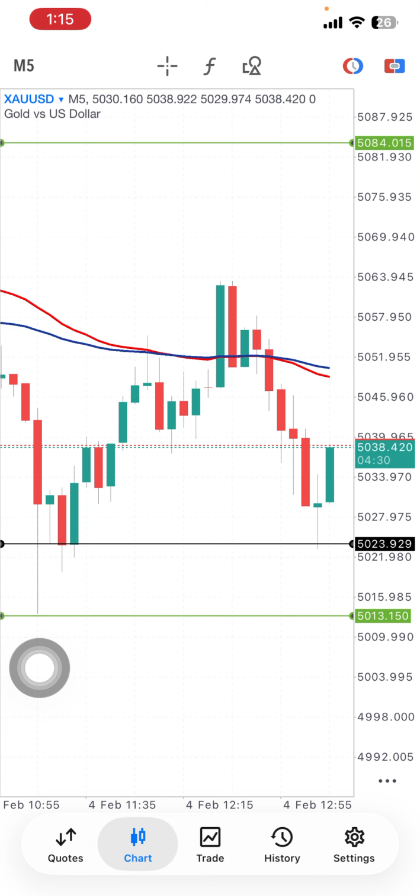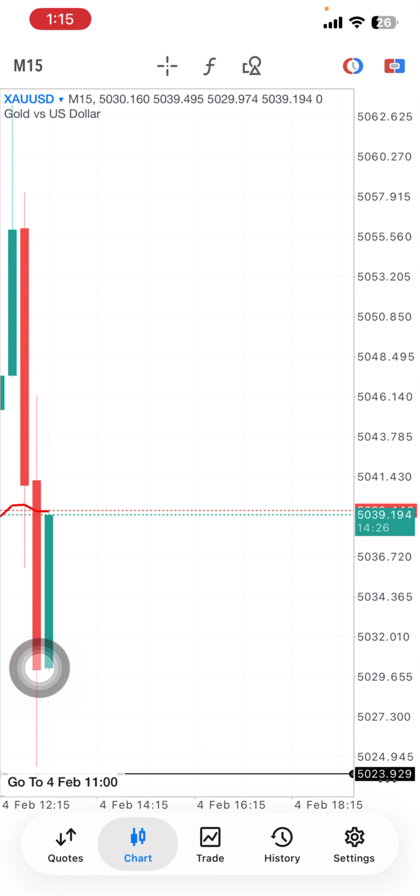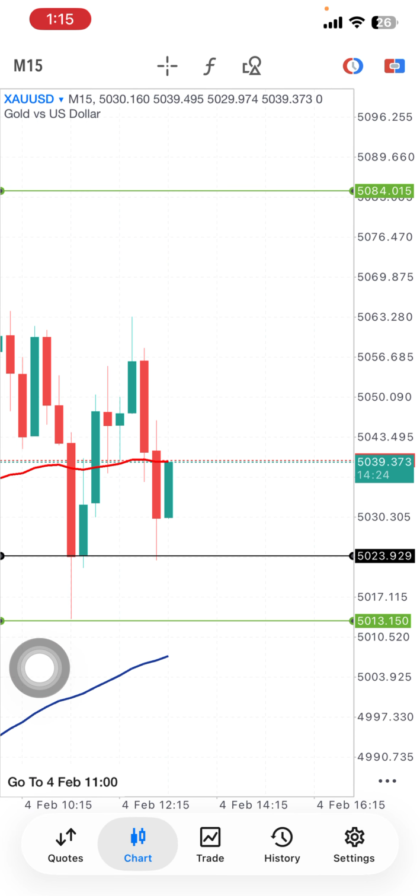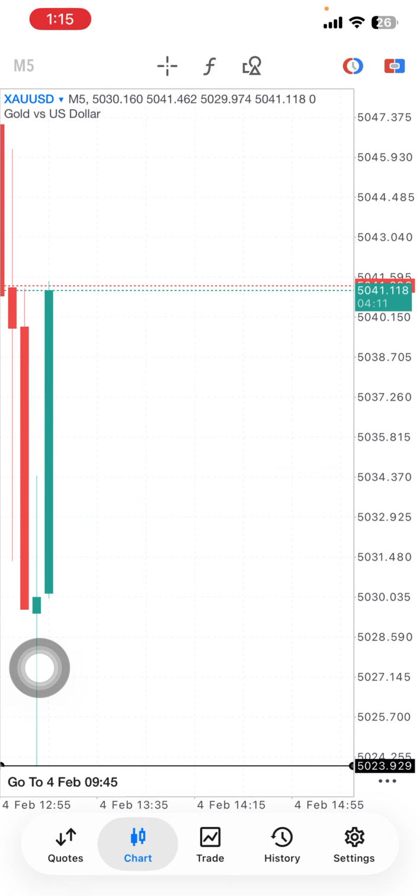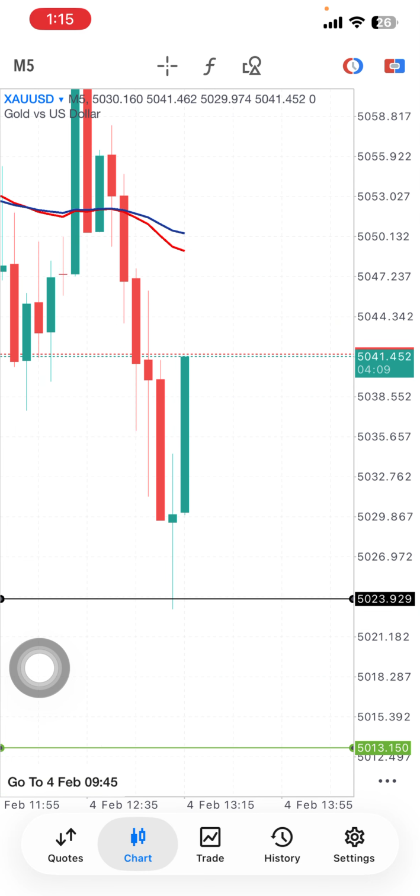But if you are a day trader and you want to hold your position for long, look at the 15 minutes. The 15 minutes is also respecting the zone and pushing to the upside. If you are a scalper and you entered the market, imagine the profit you are making right now.